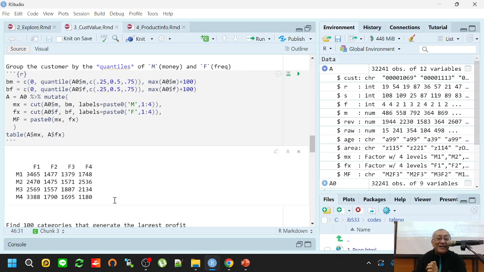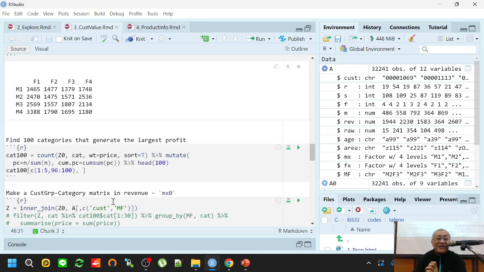And then after that, we can do some calculation by using this group. Okay, so this is count by category.